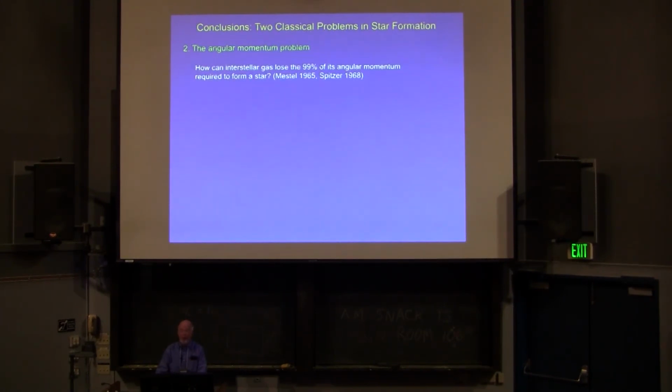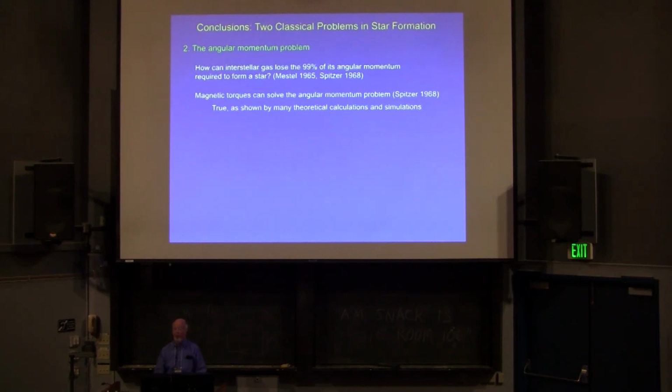Then the second classical problem was the angular momentum problem. How can the gas lose 99% of its angular momentum in order to be able to form a star? It was realized long ago and has been confirmed in many analytic studies and simulations that magnetic torques are very effective at solving this problem.